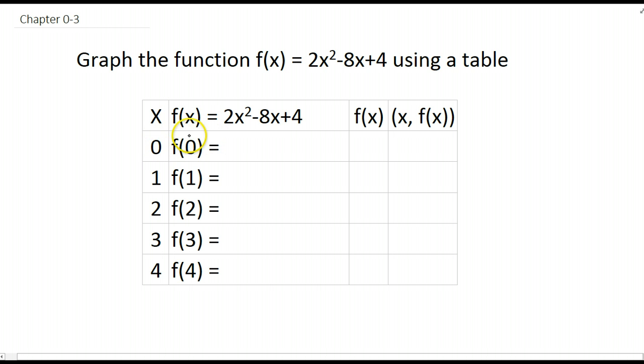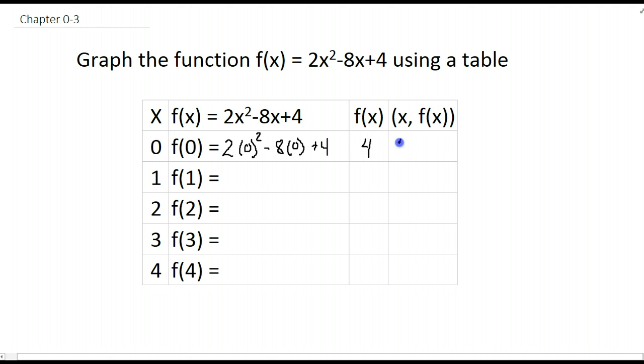So I first have f of 0 equals 2 open paren 0 close paren squared minus 8 open 0 closed plus 4. And then we solve for this, and then we get our f of x value, which is 4.